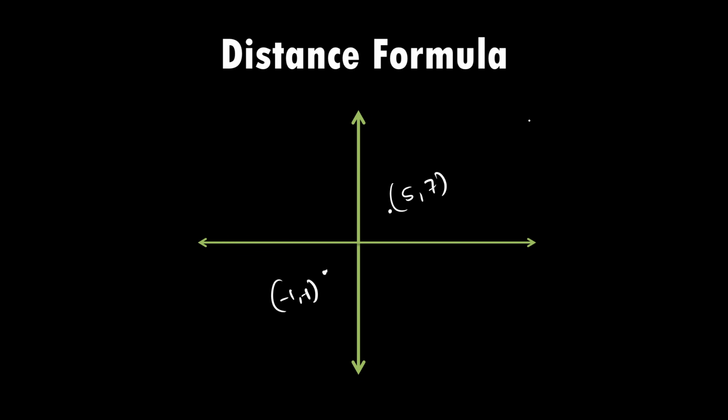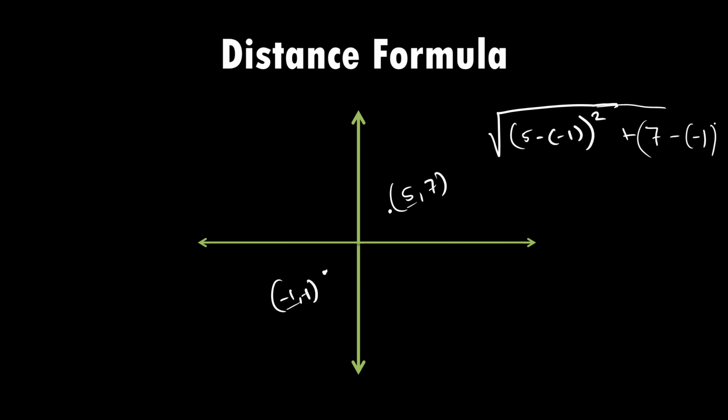Again we can simply plug in our distance formula: (5 minus minus 1) squared plus (7 minus minus 1) squared.